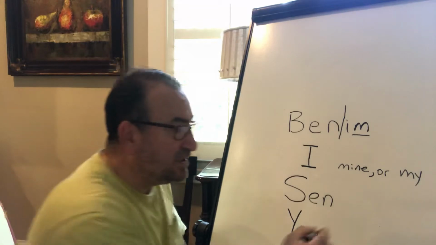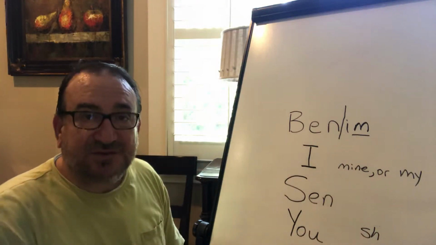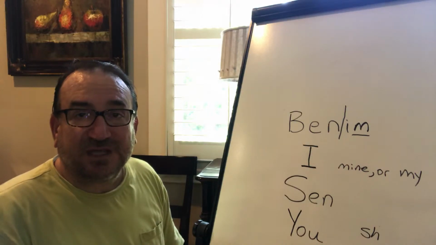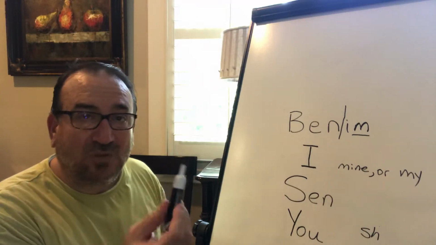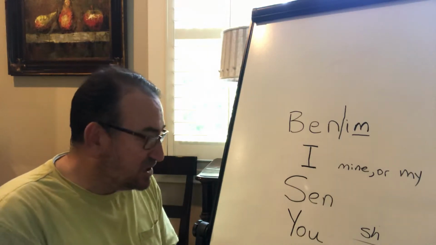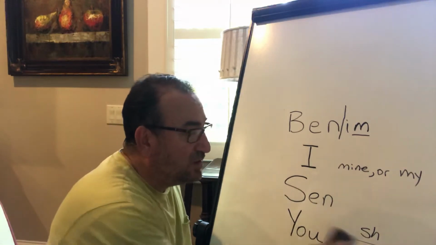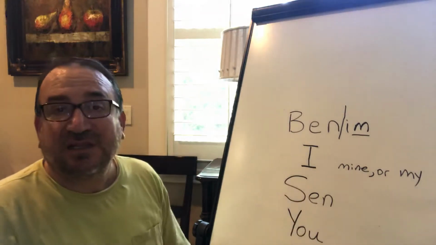Like in English, you have S and H, and it gives you a different pronunciation, as in "should". So there is no one letter for these two letters. But in Turkish, it is all phonetic. Every letter is pronounced the way it's written.